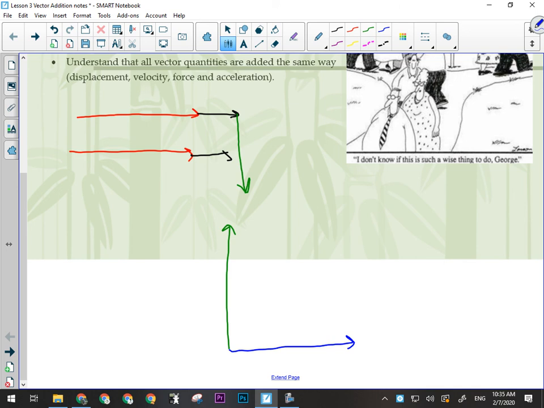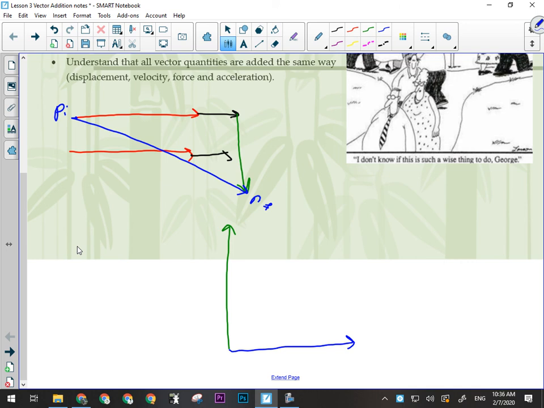The other problem is, if I draw it this way, which is the correct way, then I can draw a line from beginning to end that represents my overall displacement. This would be my final position, and this would be my initial position. Everybody with me there? How do I do that if I draw them tail to tail?